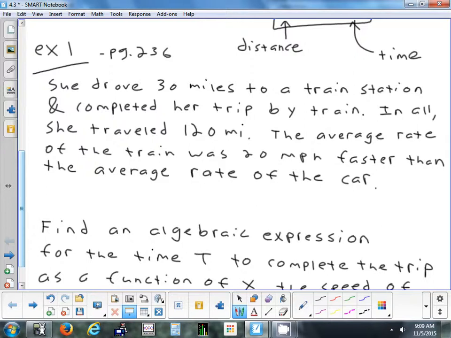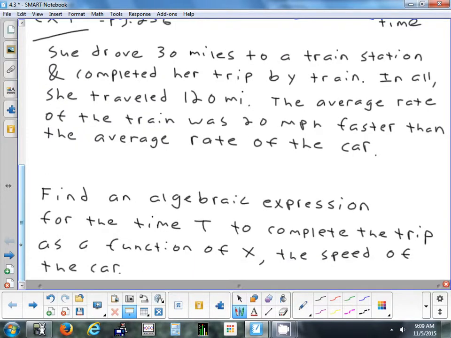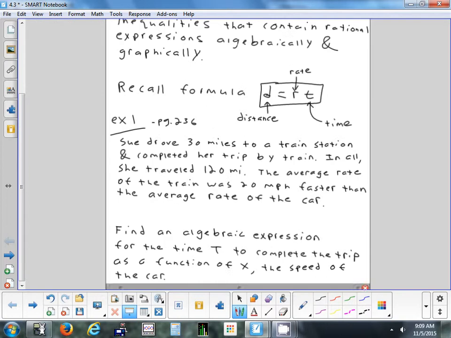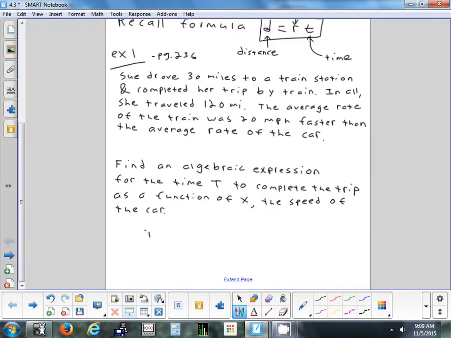That's the total time. So let's just start with that. Total time. It's just kind of a formula for the big idea. Total time equals time in car plus time in train, or on train.